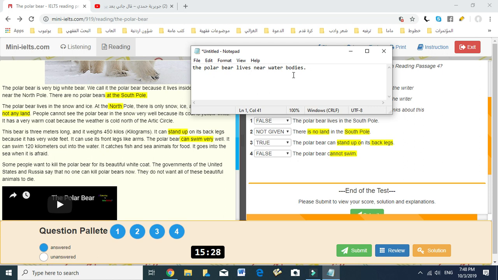Does this mean that it can swim? I don't know. Maybe he lives near water bodies, but maybe he cannot swim, or maybe he can swim, but I don't know. So this one would be not given.